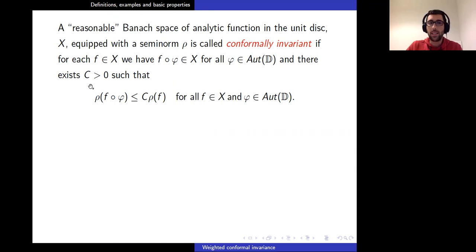And moreover, there exists a positive constant such that we can control the seminorm of this composition with the seminorm of f uniformly for any automorphism φ.